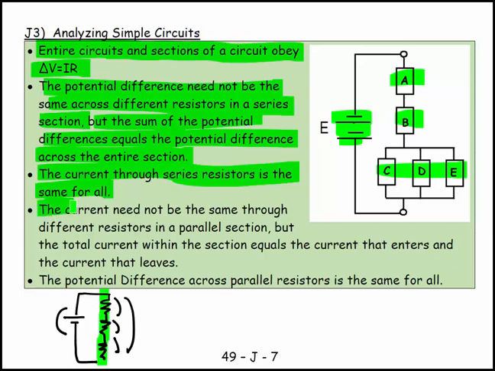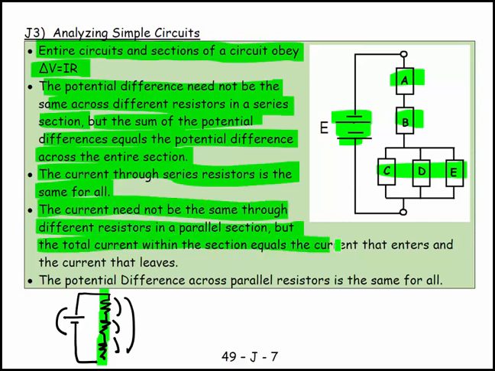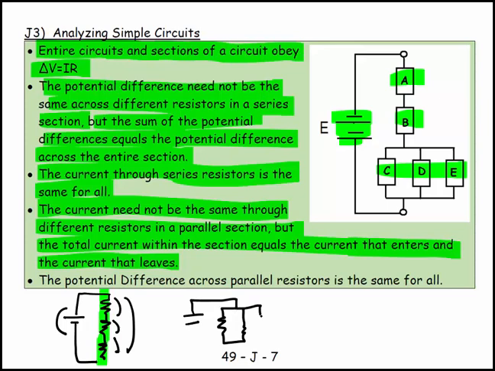And then we say the current need not be the same through different resistors in a parallel section, but the total current within the section equals the current that enters and the current that leaves. So if I have, say, a power supply, and then I have resistor, resistor, resistor, the current flow here might not be the same as the current through there or the current through there, but the sum of these will equal the current coming out of the battery, or at least the current entering the parallel branches.